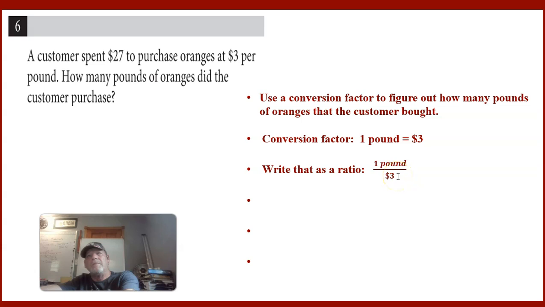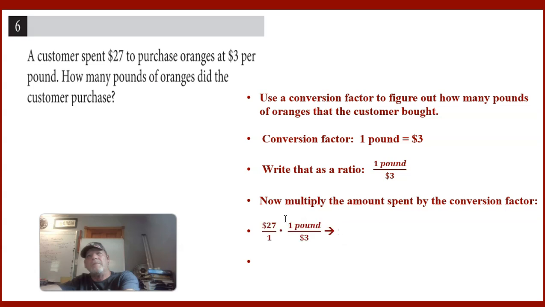And we know, how much did this customer purchase? She purchased $27 worth, okay? So I'm going to multiply the amount spent by that conversion factor. So I put 27 over 1 times the conversion factor, 1 pound over $3.